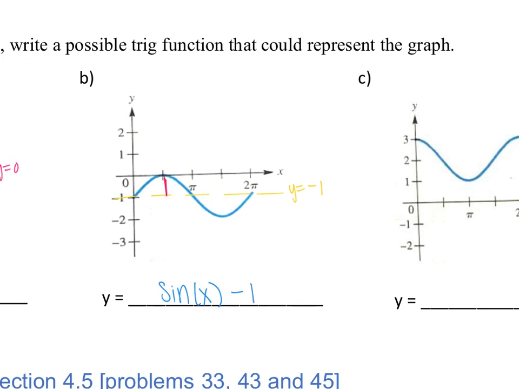And it looks like the amplitude from the midline, from the max and from the min is about 1 unit. Since that's -1 to 0, it's about 1 unit. So this should be a 1 in front, or you don't have to write a 1 since it's redundant. But it looks like our graph is y equals sine x minus 1.